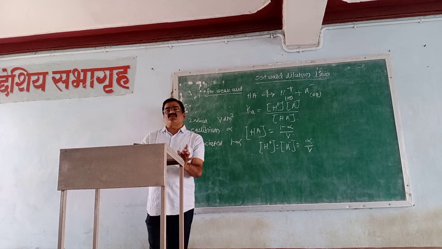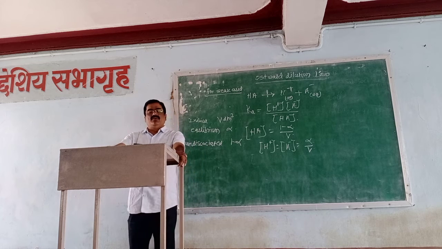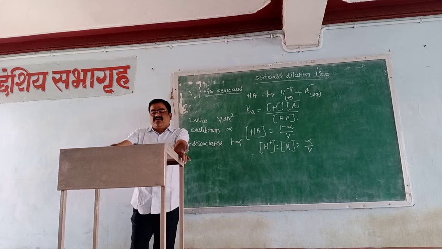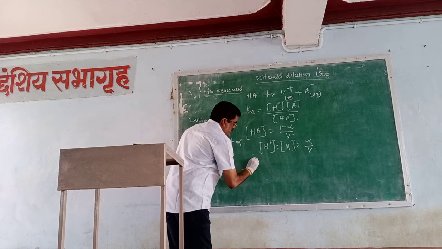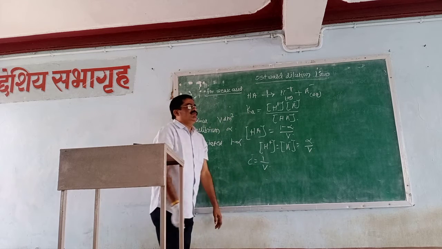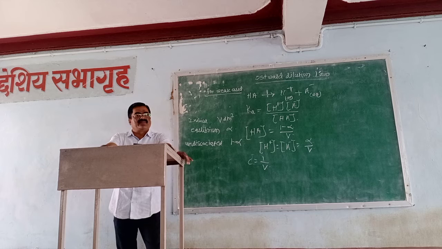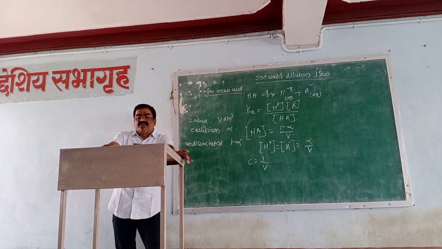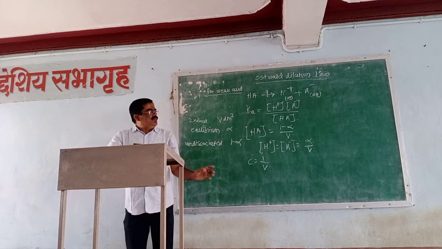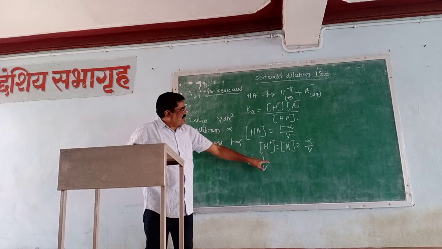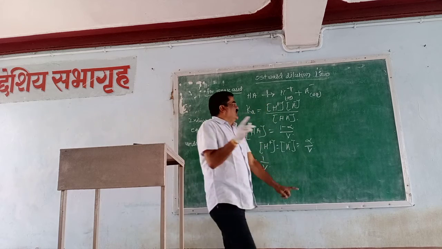If C is the initial concentration of the acid in mole per dm3 and V is the volume in dm3 per mole, then C is equal to 1 by V. If C is the initial concentration and the volume is V, then C is equal to 1 by V. Then substitute these values into equation 1.